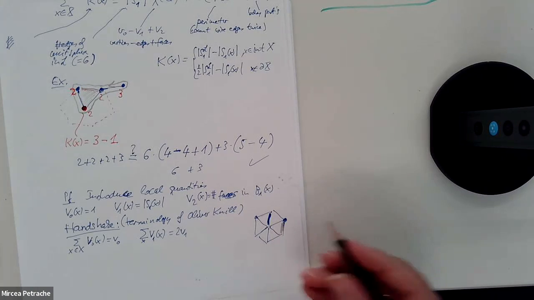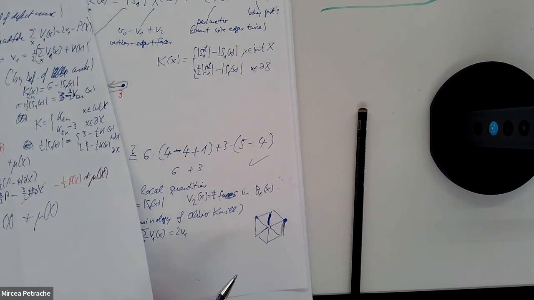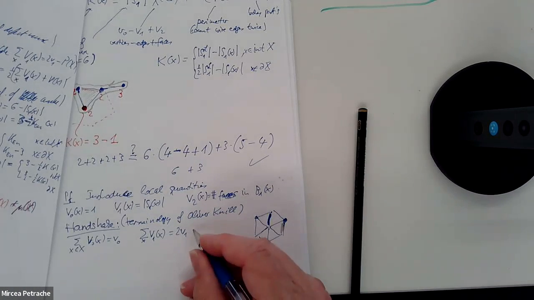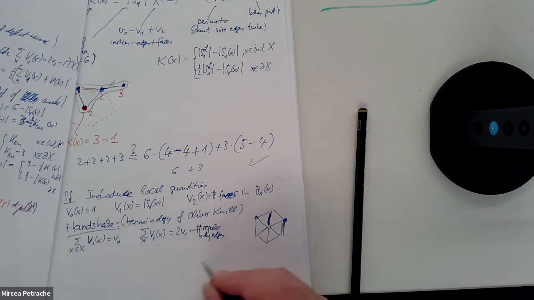So I should subtract the number of regular boundary edges, like these gray guys.